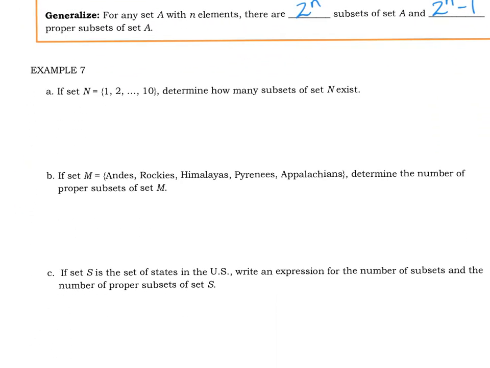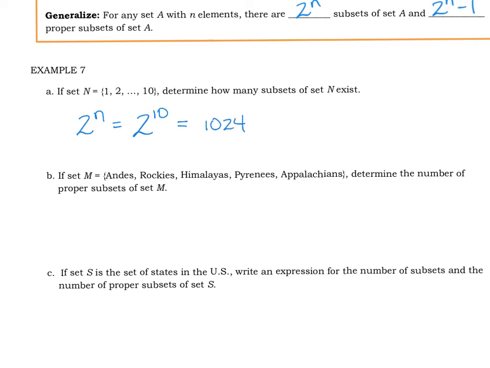So real quickly, just a few examples here. If set n is the numbers 1 through 10, how many subsets of set n are there? Well, the number of subsets is 2 to the n power. Here there are 10 elements in the set, so 2 to the 10th power is 1,024 subsets.